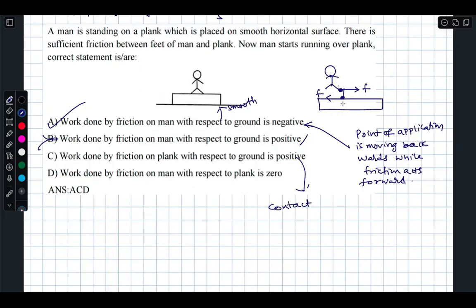We'll name this point as P. Contact point P is moving back, and friction is also in the same direction.